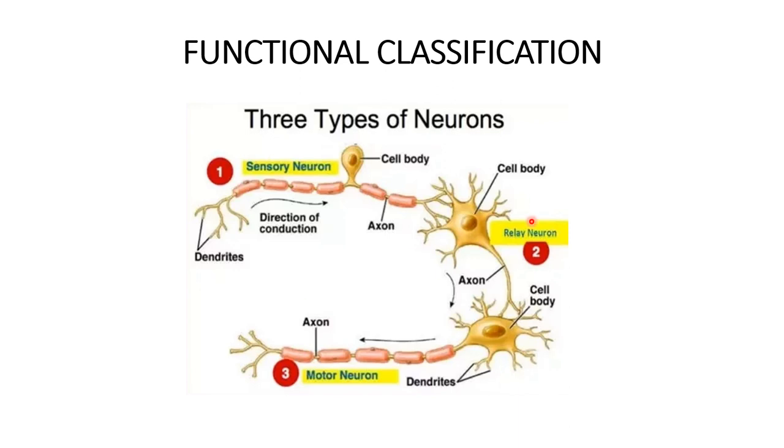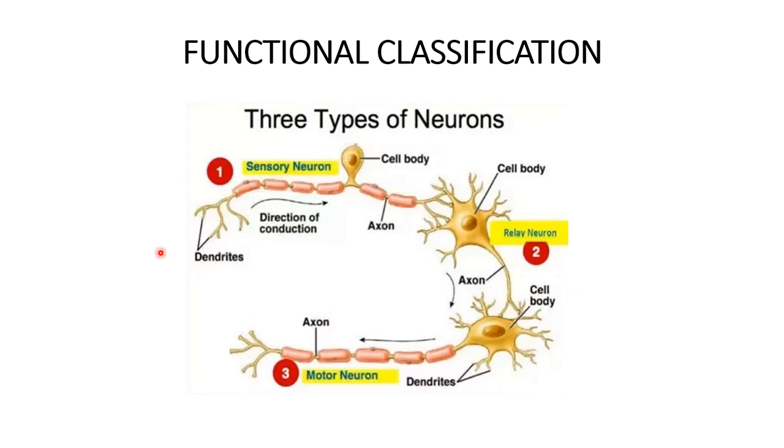And the interneuron is basically the intermediate station or the relay neuron. Our body comprises mostly 99.9% of the relay neurons. So it gets the information from the sensory neuron, processes it over here, and then passes on the information towards the motor neuron, completing an arc.